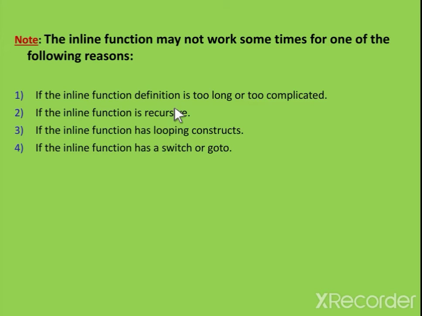Function calling itself. If the inline function has looping constructs, while, do while, for loop, or any other looping constructs, then at that time the inline function may not work. If the inline function has a switch or goto statement, okay, these are some of the reasons.